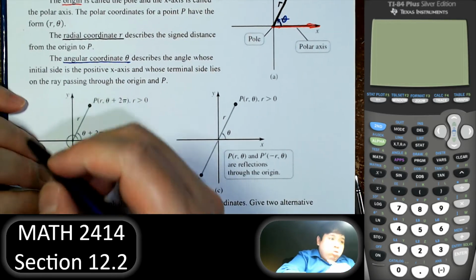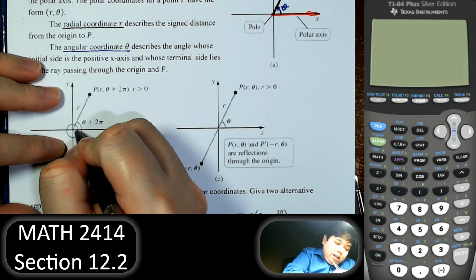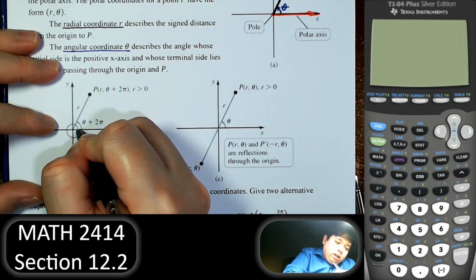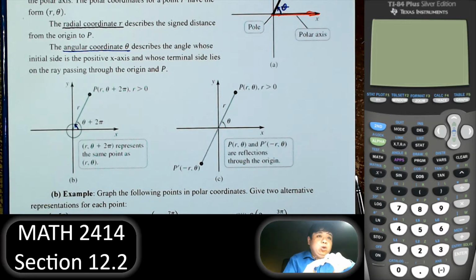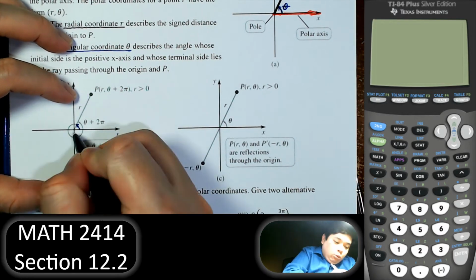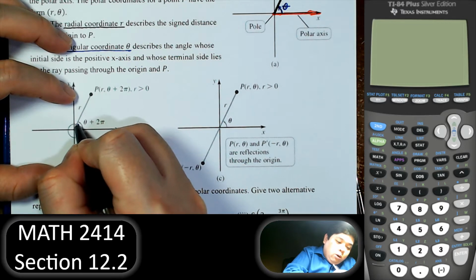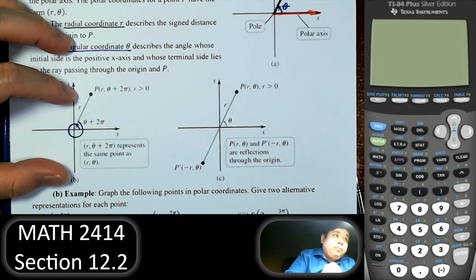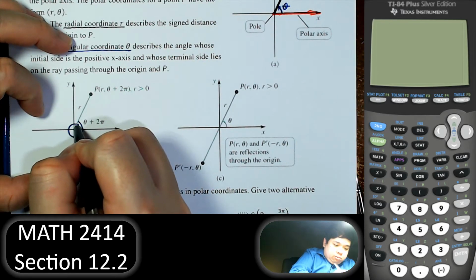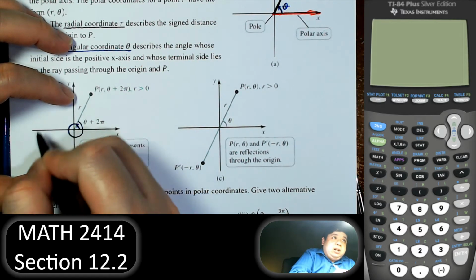Now, in trigonometry, when we define an angle, positive is going to be counterclockwise, and we can go extra revolutions if we want to. So we can go around and just keep going.